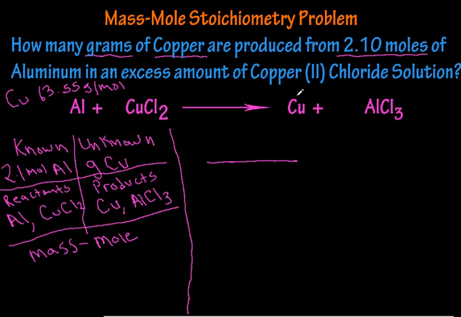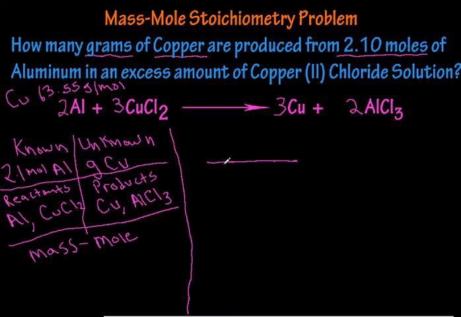We've got to balance it. So we have 2 chlorines and 3 chlorines. If I put a 2 here, that gives me 6 chlorines, and if I put a 3 here, that gives me 6 chlorines. Now this 3 also gives me 3 coppers, and this 2 also gives me 2 aluminums. There we go.